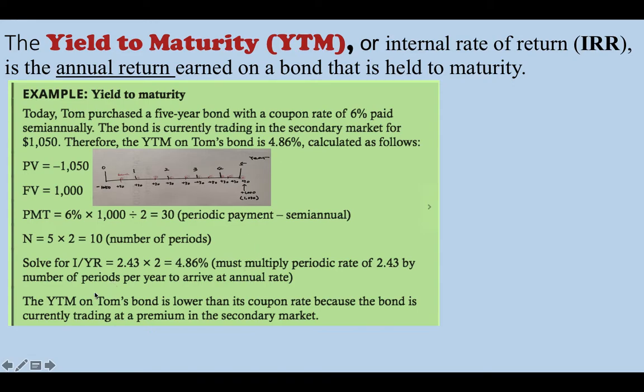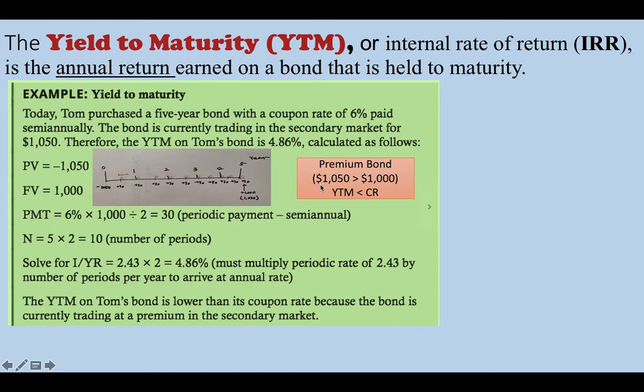Then you probably noticed that the yield to maturity on Tom's bond is lower than its coupon rate because the bond is currently trading at a premium in the secondary market. Yes, this is a premium bond.